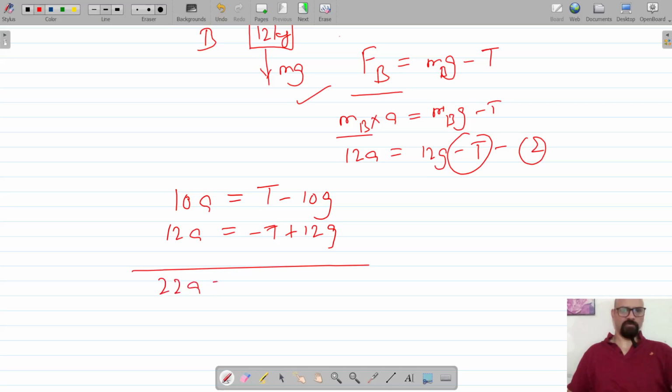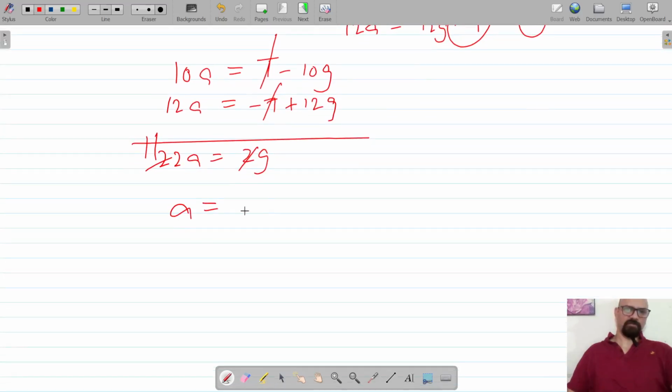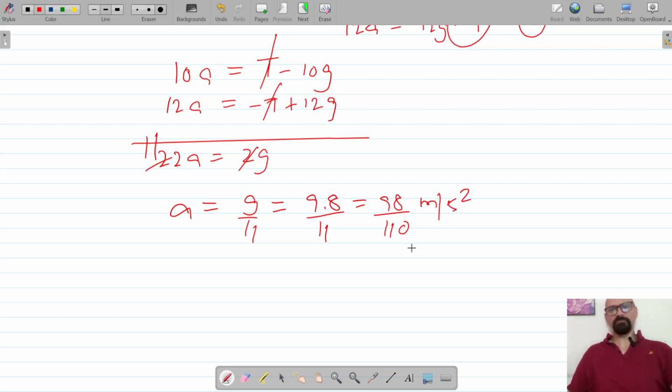This gives me 22a = 2g, since T cancels and -10g + 12g is 2g. So the acceleration of the system is g/11. Here g is the acceleration due to gravity, so this is 9.8/11, and I can write it as 9.8/11 meter per second square.